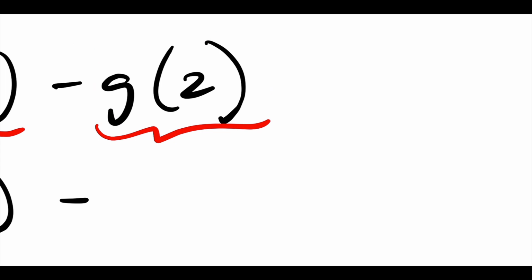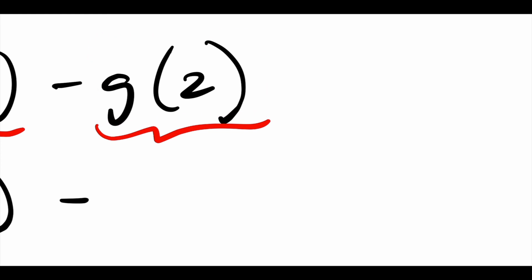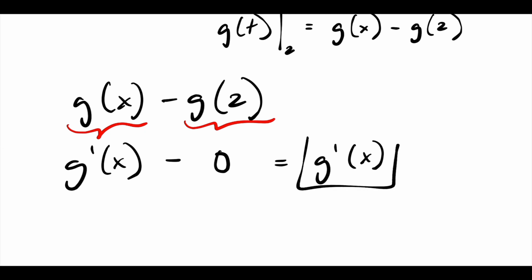We've done it before. So really, this is a value. Plug in 2, get a number. If that's an input, you would get an output. Well, the derivative of any output is always going to be 0, because the output is a number, a value. So that means the entire thing equals g prime of x.